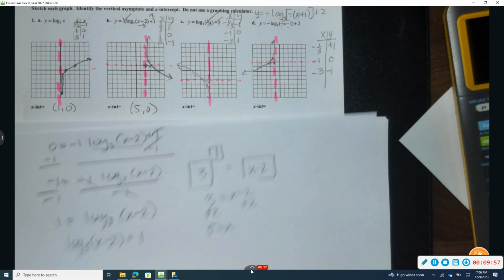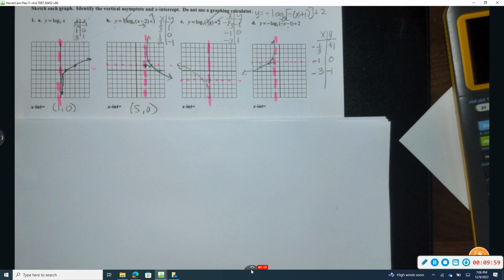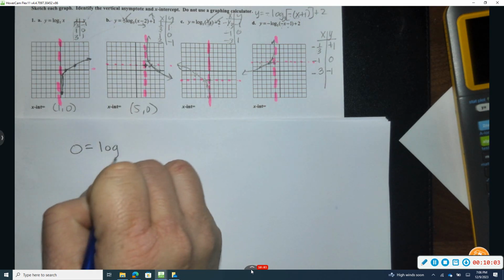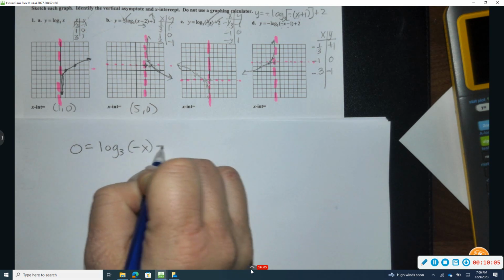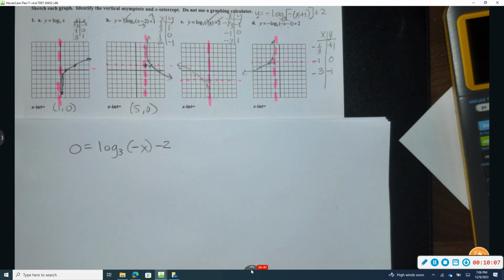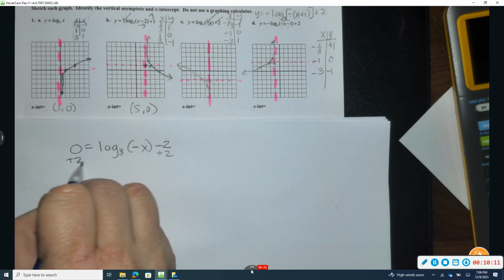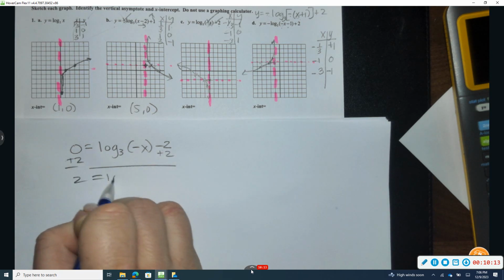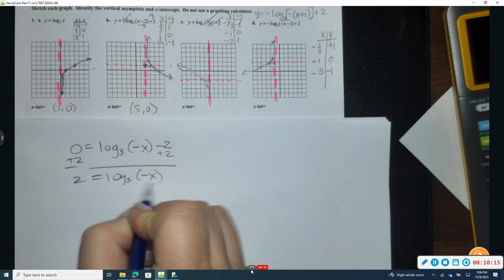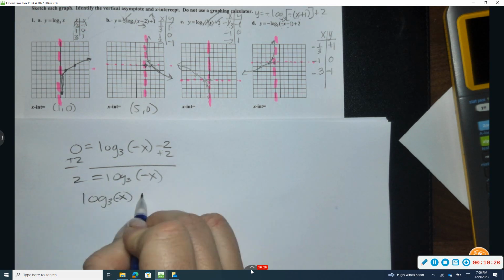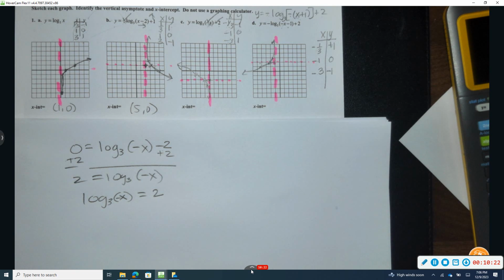Let's go ahead and look at part C. Same concept. I'm plugging 0 in for y. I have log base 3 of negative x, subtract 2. Okay, I'm going to first add to the other side. 0 plus 2 is 2. And a lot of students do prefer to have the equal sign and then 2 on the other side.